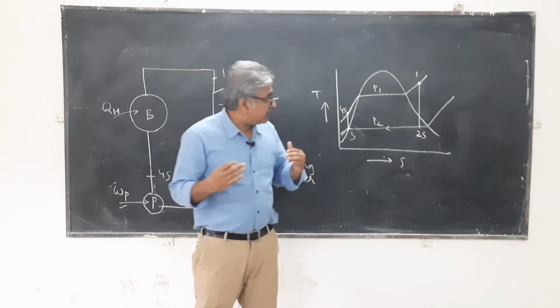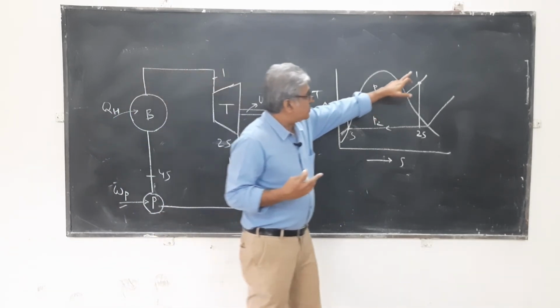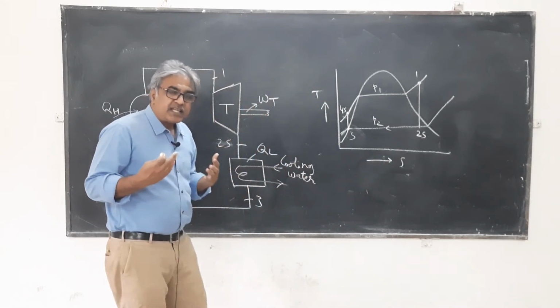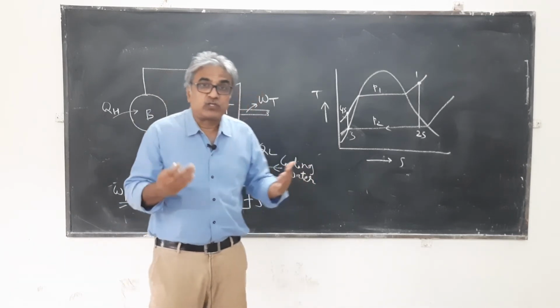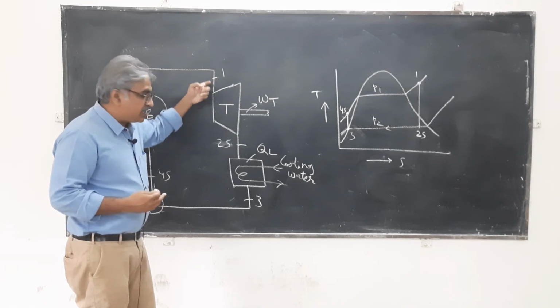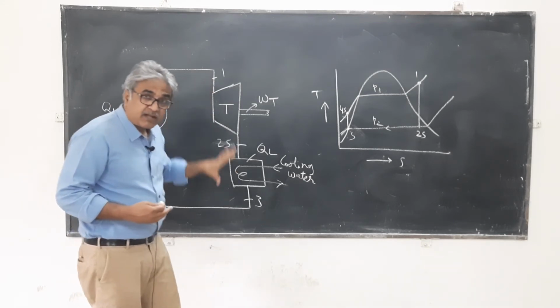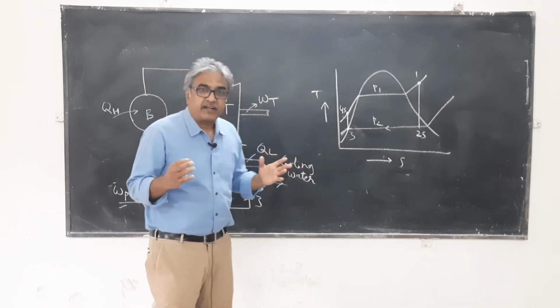Okay. Now let's start with 1 to 2S, that means across the turbine. So what is happening? There the steam is expanding and you are getting work, the steam is flowing also. So if we consider the change in kinetic energy and the change in potential energy across the turbine as 0, it's really insignificant, right?